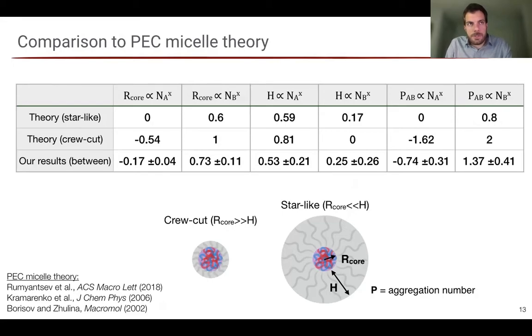And so to wrap up, these are the first experimental scaling laws for this system, and it's really nice to see them show some agreement with theory and with the previously published data. This is an interesting study for polymer physics, but it's also, I think, really important to have this understanding for delivery, for the therapeutic applications.